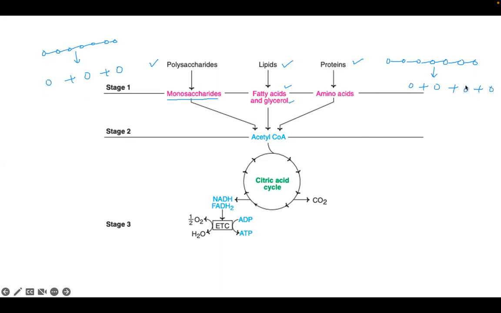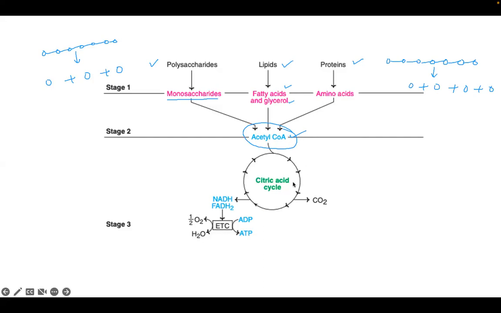Now, this is very interesting, what I'm going to tell you now. The monosaccharides, fatty acids, and amino acids, after certain reactions on them, which are also a part of metabolism, all collectively get converted into acetyl CoA. This is a very important molecule, responsible for carrying out the citric acid cycle.